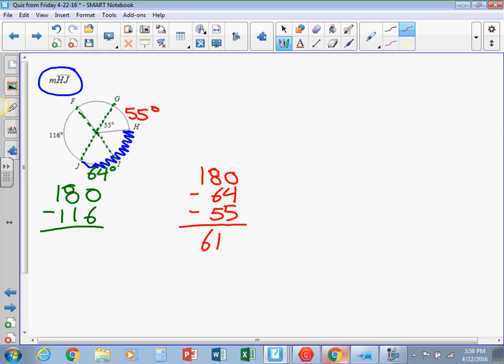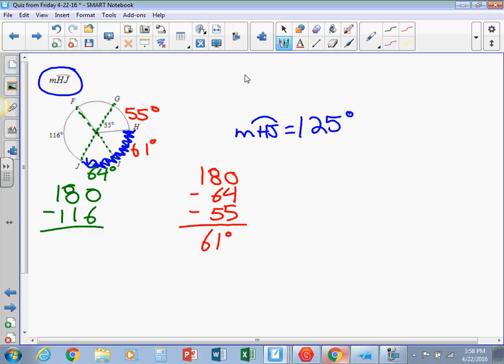And I get 61. So that's 61 degrees. So I've got the two numbers I need. I know from H to I and I to J. Totaling the entire piece up, I get 61 plus 64, and that's going to give me 125 degrees, and that is the measure of arc HJ.